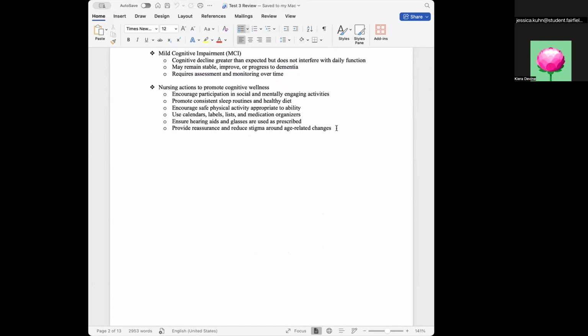Things that nurses can do: these are always important to pay really close attention to for the test, because the test is teaching you how to be a nurse. So pay really close attention to anything that says the nurse should do this or how can the nurse help this. Nursing actions that promote cognitive wellness would be to encourage participation in social and mentally engaging activities, promote consistent sleep routines and a healthy diet, encourage safe physical activity when appropriate, and use calendars, labels, lists, and medication organizers.